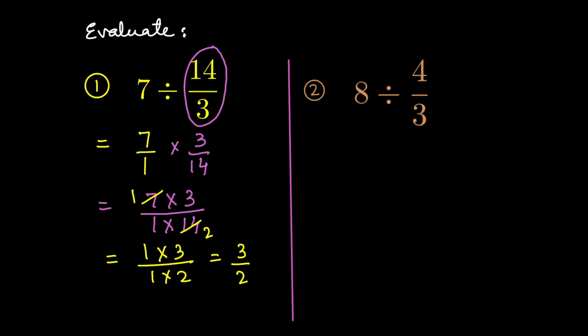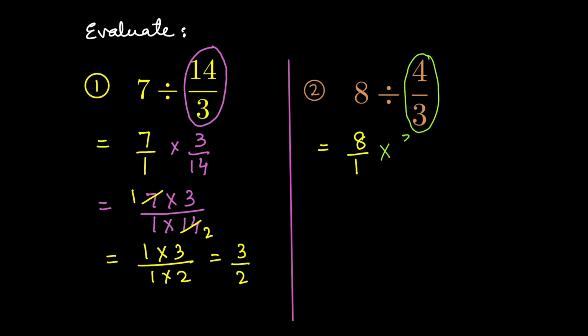Now coming to the next example. In this, again it is 8. So the first step, we will write it as 8 over 1. And then there is a division. Whenever there is a division, we will write multiplication and we'll take the reciprocal of the fraction which is written after the division sign. So what is the reciprocal of this one?